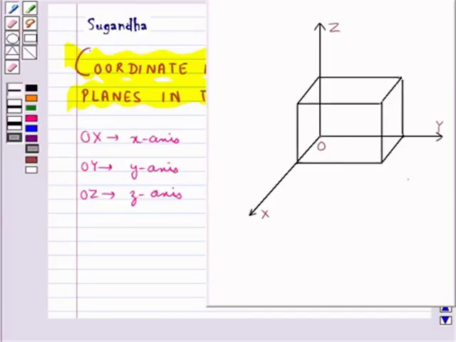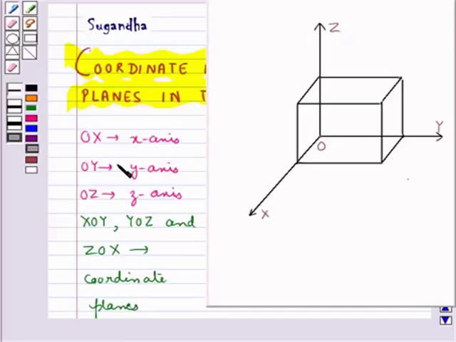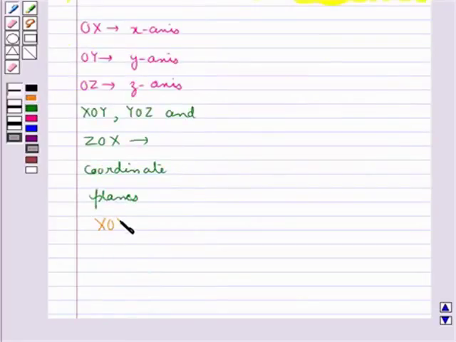The three planes determined by the pair of axes, that is the planes XOY, YOZ and ZOX. These are the coordinate planes. This XOY plane is called the XY plane.